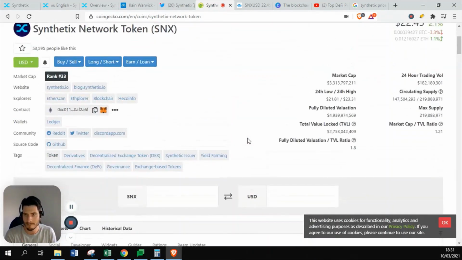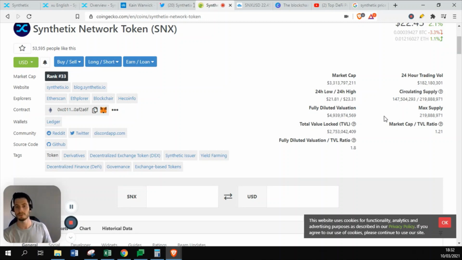Then let's go to the maximum supply, which is 200 million, which is a very limited supply. So that also gives me the idea that the price might go up, just like Compound and Balancer, which are other DEXs that are already around the $400, $500 mark.